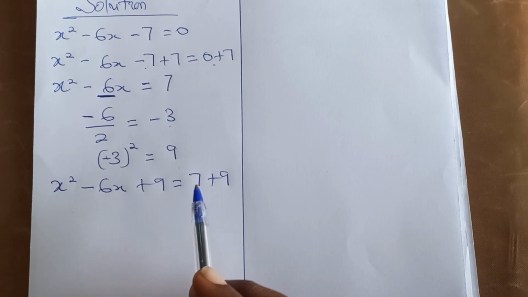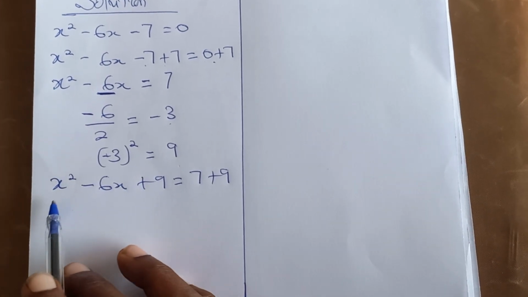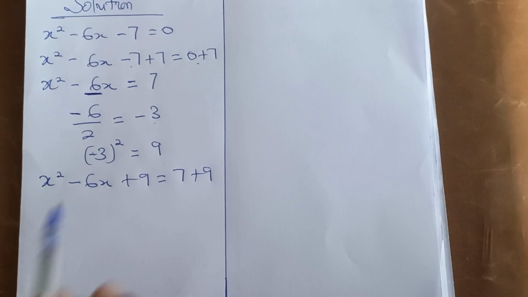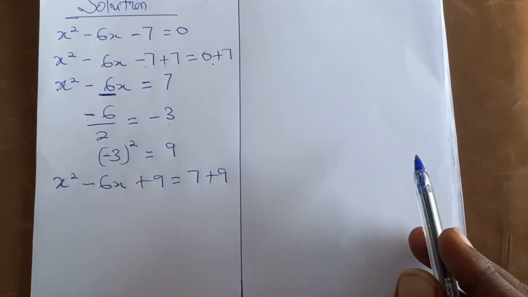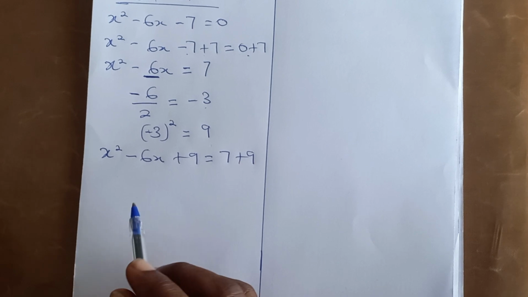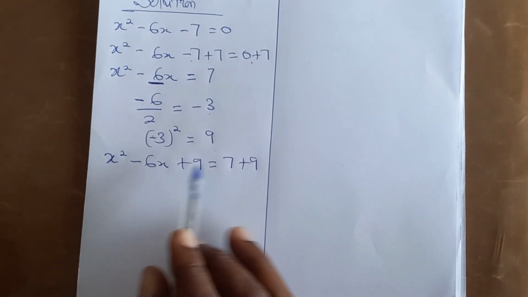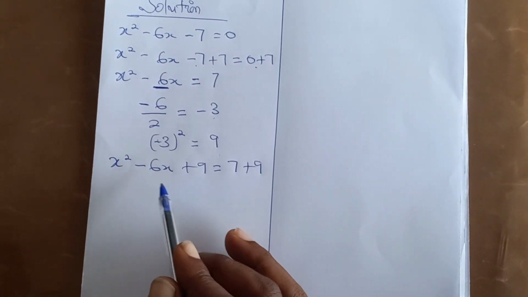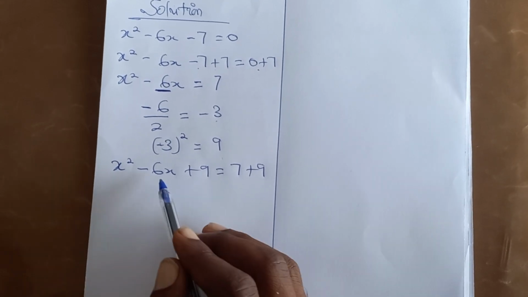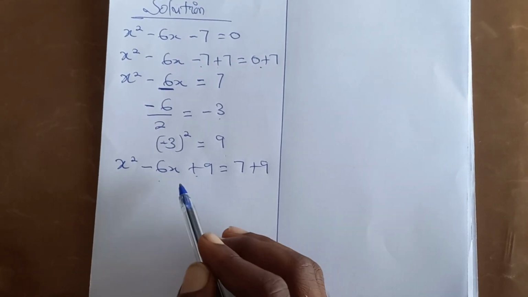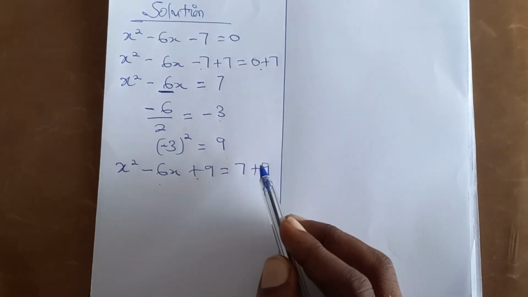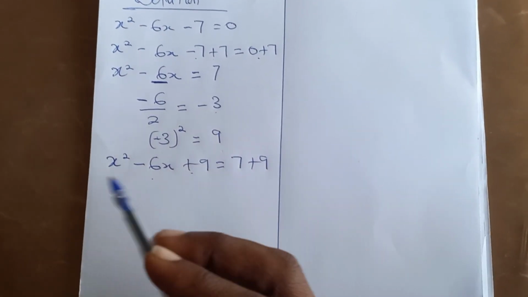The reason is that we want to make the left-hand side of the equation a perfect square trinomial and the right-hand side a binomial square. So the reason why we added 9 to both sides is that we want to make the left-hand side a perfect square trinomial. What does it mean?